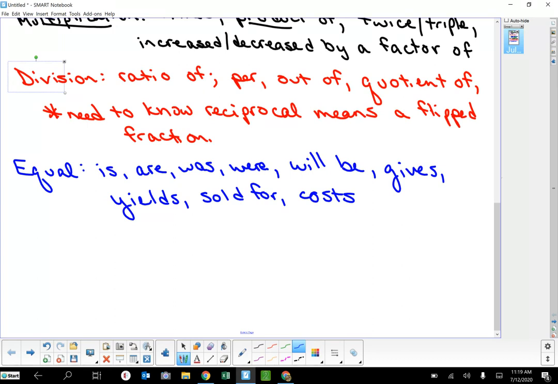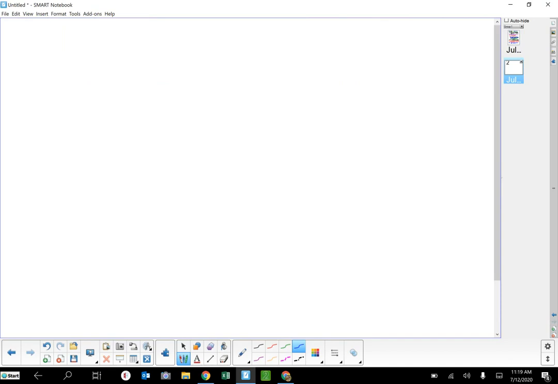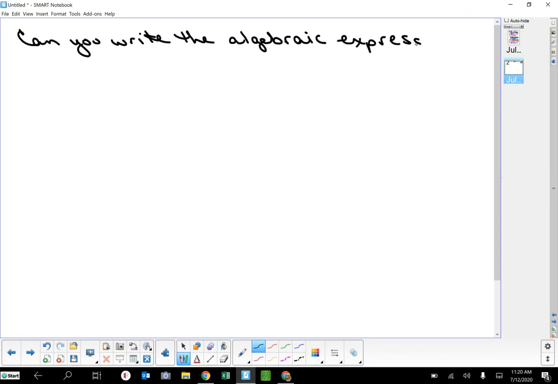So, okay, what we're going to do here is I'm going to write 4 different expressions, and I want to know if you can write the algebraic expression for it. So, can you write the algebraic expression for the following statements?